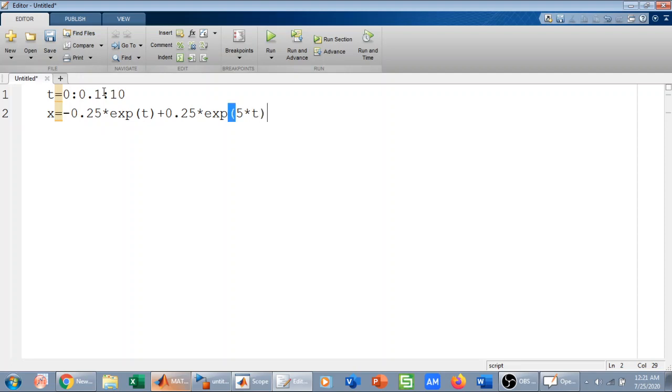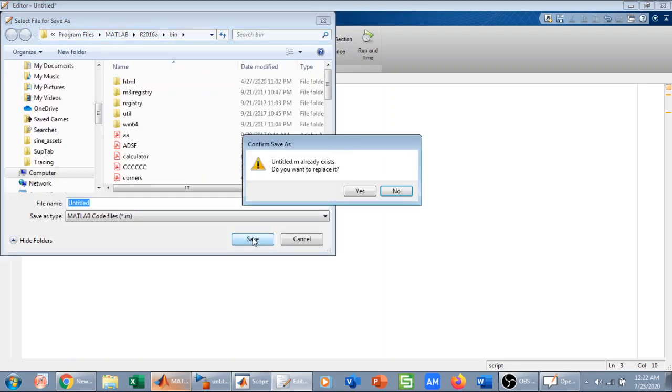So now I have written this equation in MATLAB, and I will go on and plot it to check whether I got the solution right or not. On the x-axis we have t, on the y-axis we have y, which is x. So let me run it and let me check the plot.